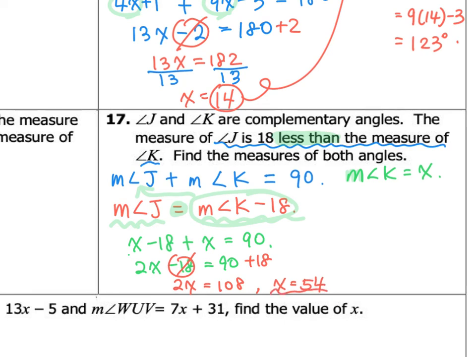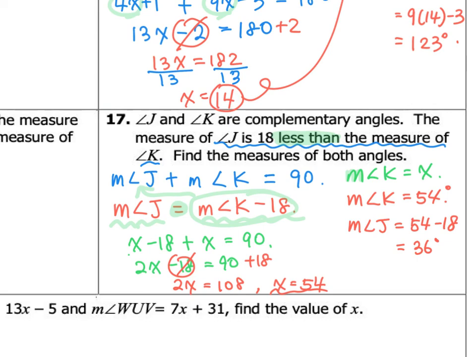So now we found the x, which is the measure of K. So measure of K equals 54. And now, how are we going to find the measure of J? You need to subtract 54 minus 18. And that will give us 36 degrees.